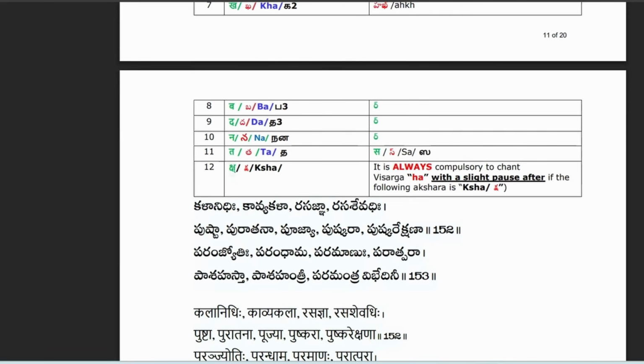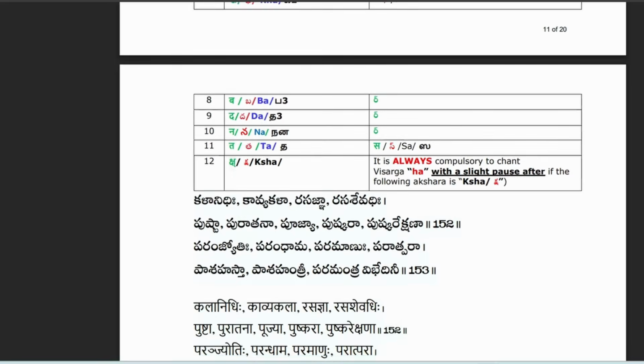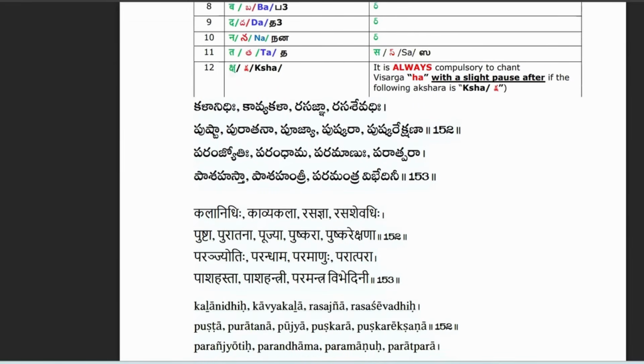So in this example here: Kalanidhihi Kavya Kala Rasagna Rasa Shevadihi. The Visarga changes the sound only if it is in the middle of the sloka. Kalanidhihi is in the middle of the sloka, so it changes. What is the letter following the Visarga? It is Ka. So as per our rule, it will change to the Hak sound.